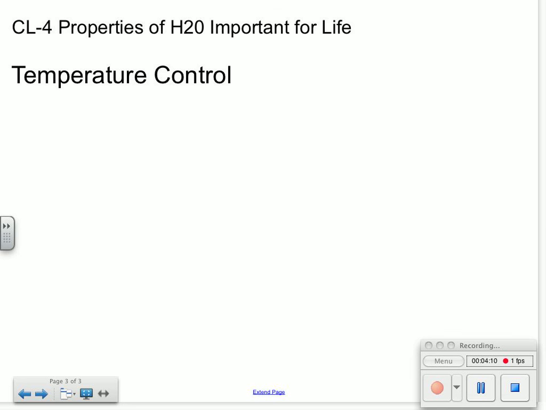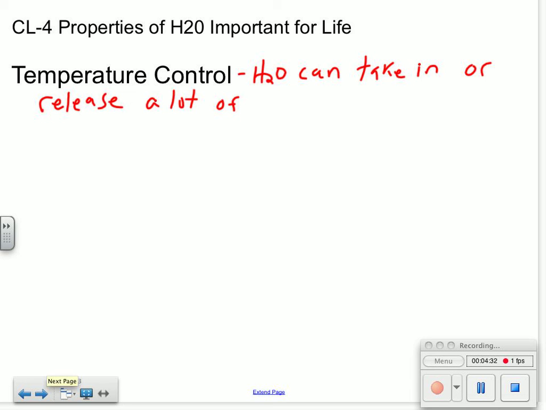Temperature control. Water can take in or release a lot of energy.